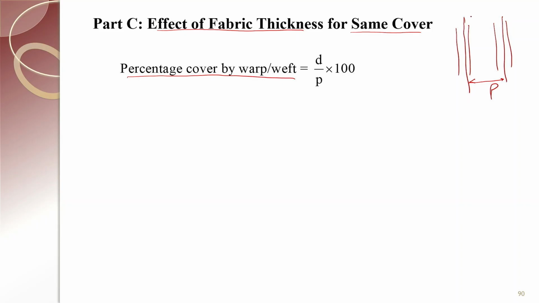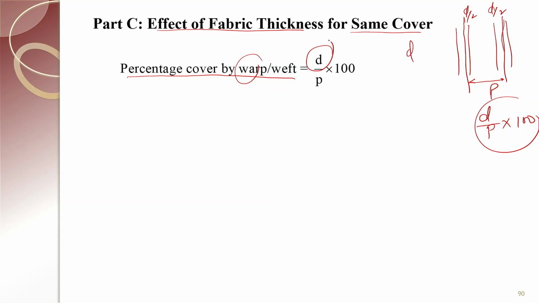So, d by 2 on this side and d by 2 on that side from the center, the total cover will be d, and d by P multiplied by 100 is the percent cover by warp yarn or weft yarn.